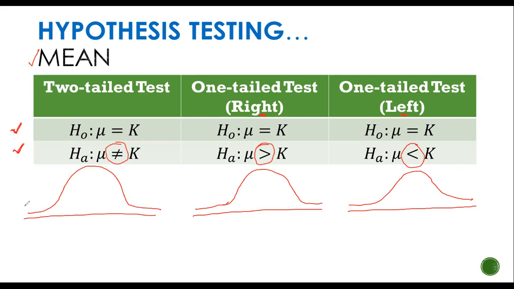So we assume that this is normally distributed. Hirap mag-drawing via annotation. Okay? So when we say two-tailed test, di ba, meron tayong tinatawag na area of rejection or rejection region. Yan. Rejection.